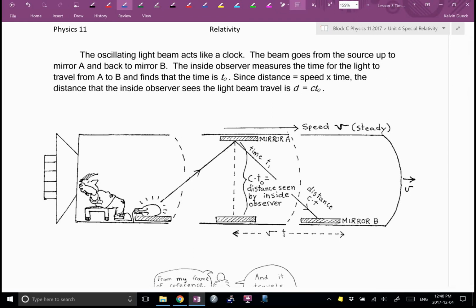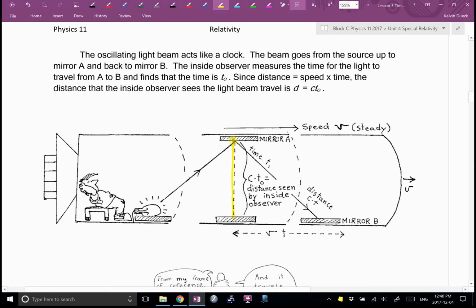This oscillating light beam acts like a clock. The beam goes up from the source to mirror A and back to mirror B. The inside observer has a really accurate stopwatch, and they measure the time that it takes the light. Don't write on your diagram.